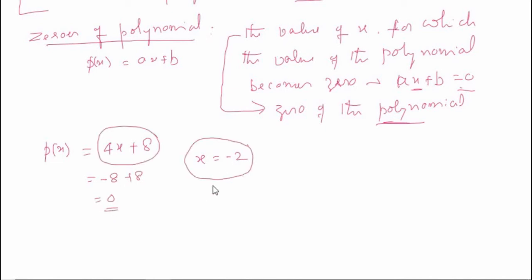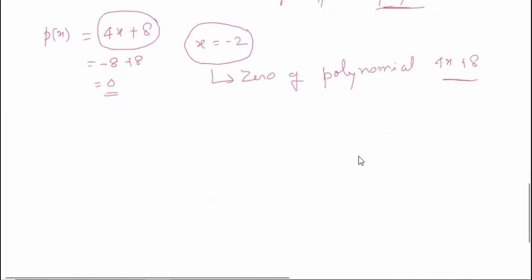Therefore, x equal to minus 2 is the zero of polynomial 4x plus 8. Now how to find the zero of any polynomial?